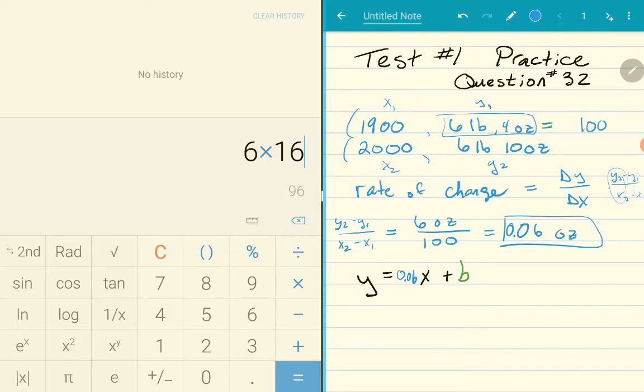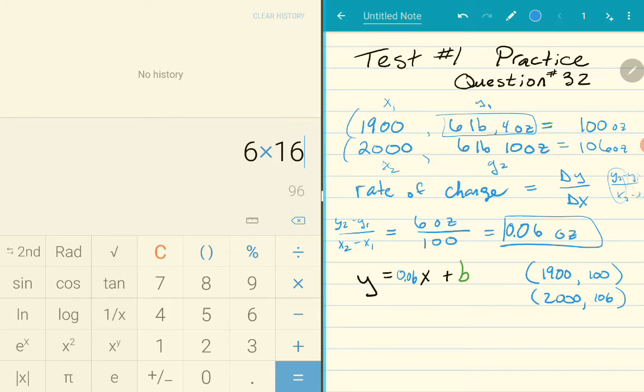So that's 100 ounces. And 6 pounds, 10 ounces is 106 ounces. So the 2 ordered pairs I have here are actually 1900, the year, and 100 ounces. And in the year 2000, we had 106 ounces.